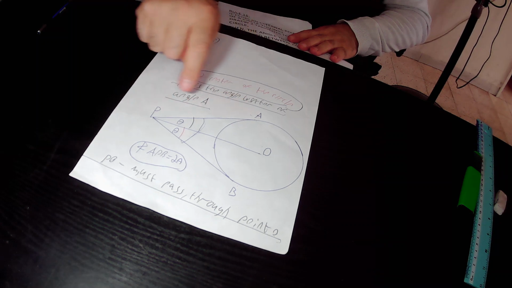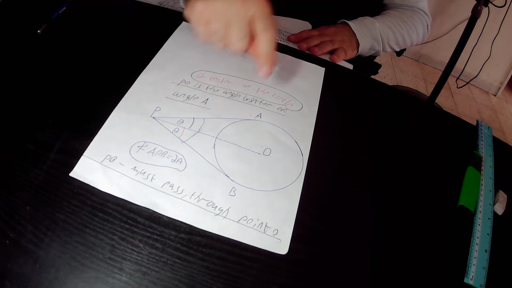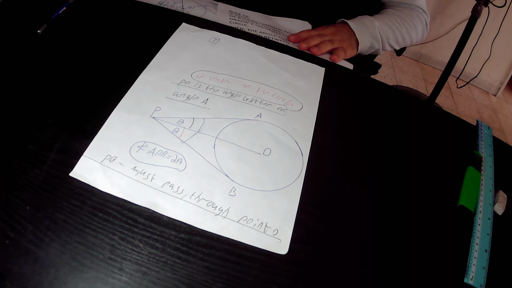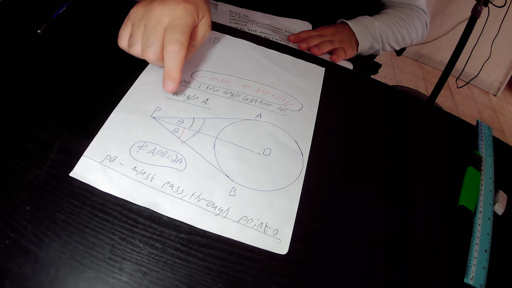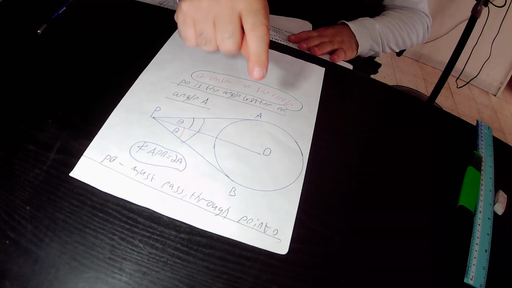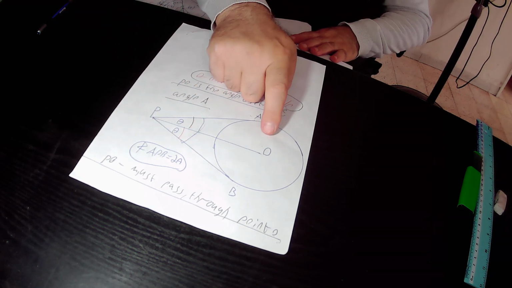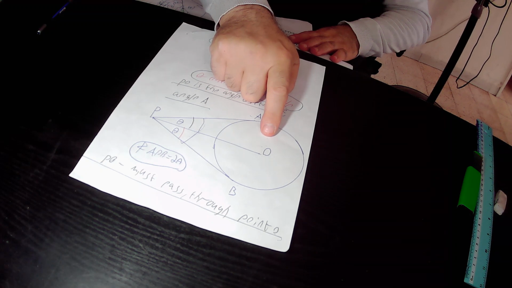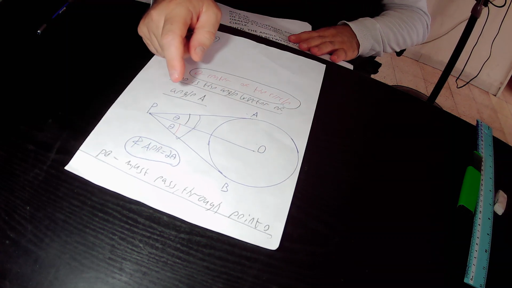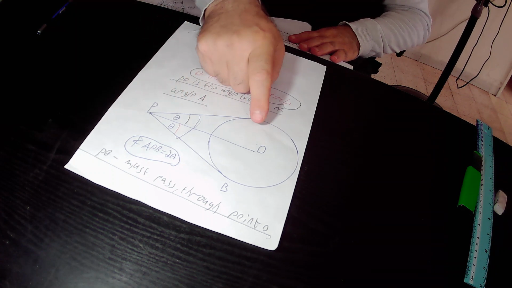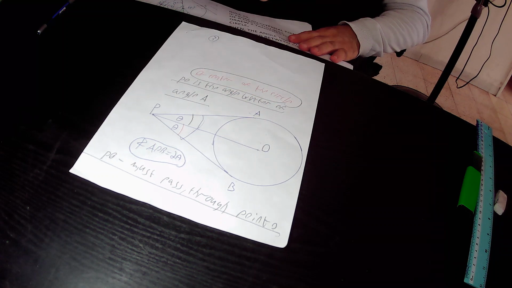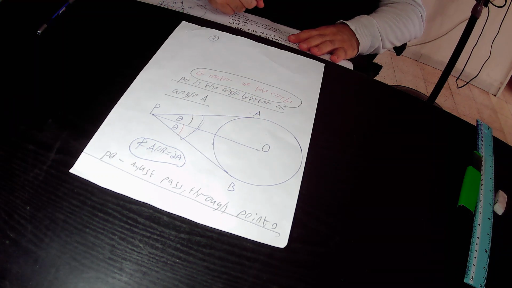So according to rule 15, the angle bisector of angle APB must pass through point O, that is the center of this circle. Again, the angle bisector that was created by 2 tangents must pass through point O, the center of this circle.